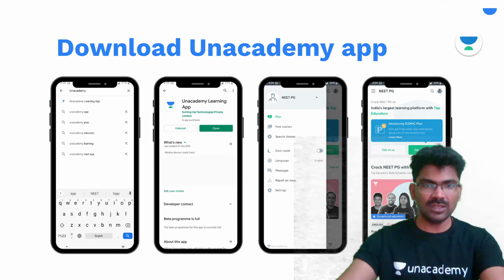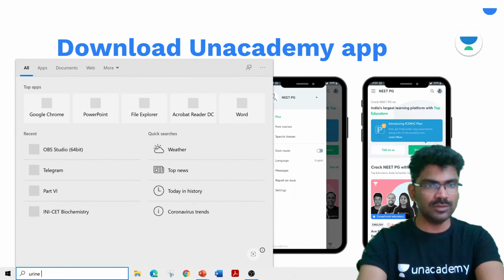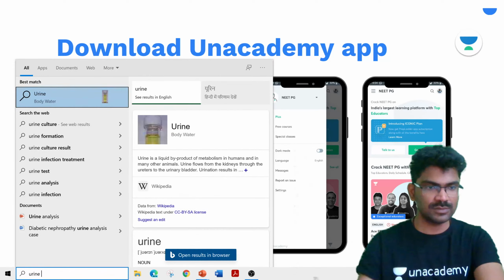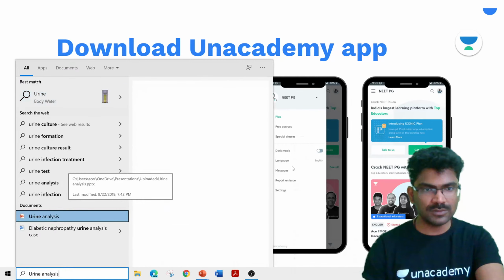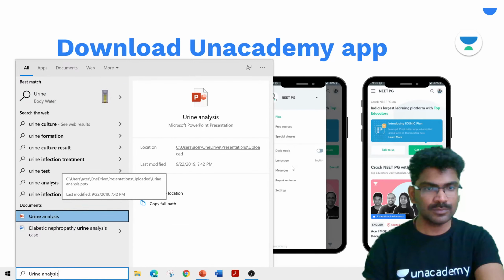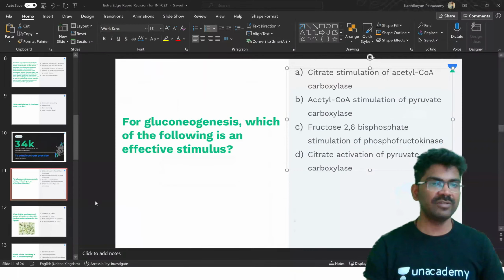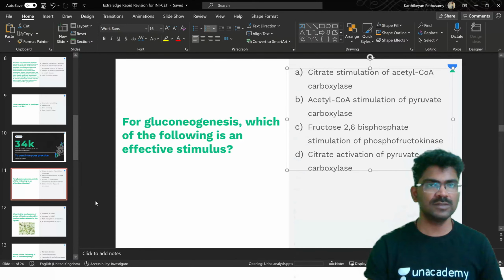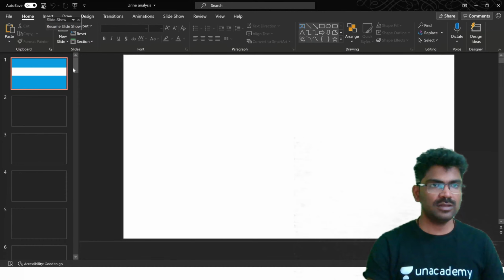So someone was asking about urine analysis. Let me open urine analysis. So here I must be having all these smells, odor of urine. Let's quickly see.